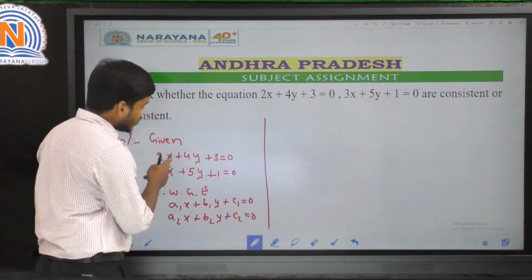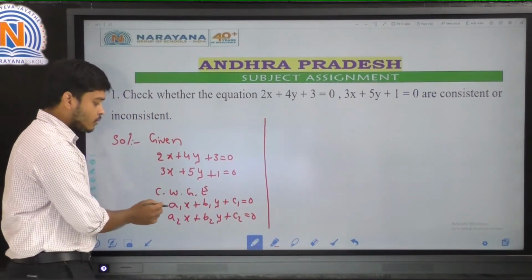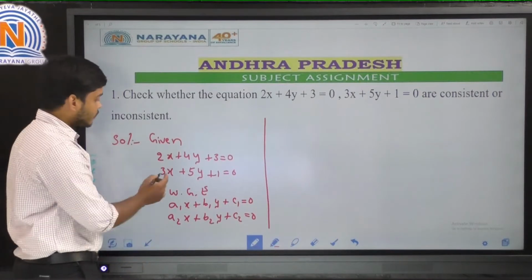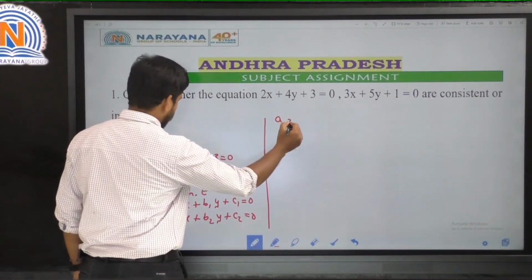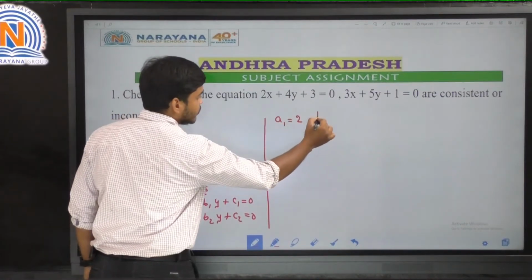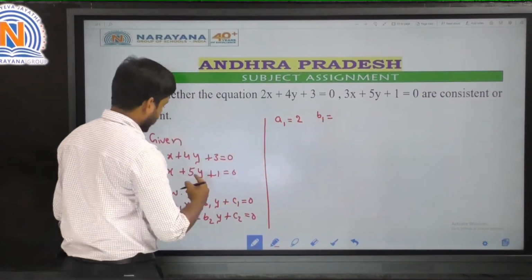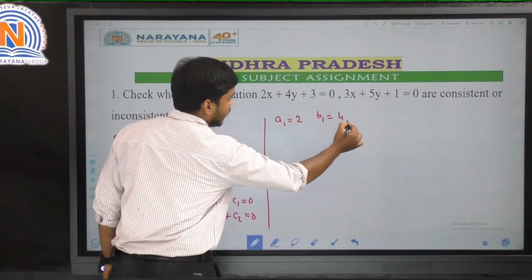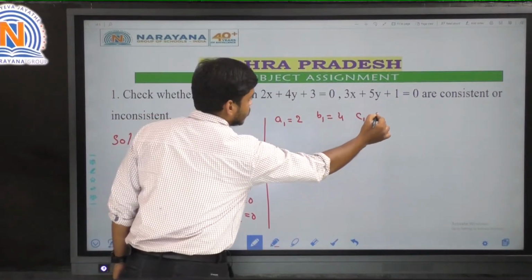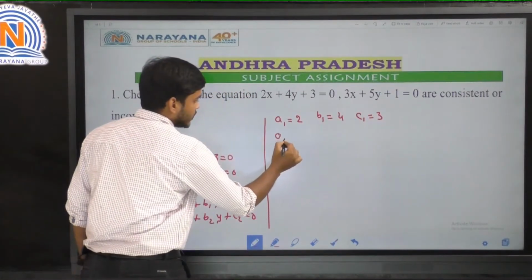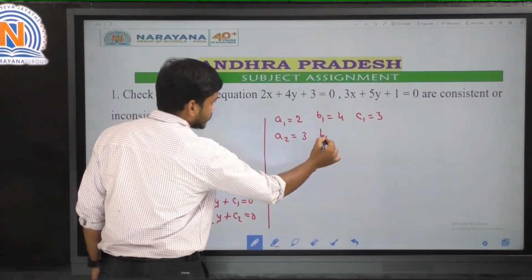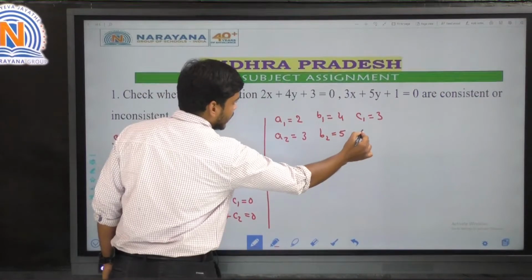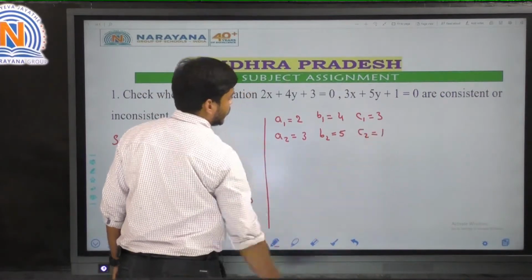See, compare these two equations with these two general equations. Therefore, what are the coefficients? a1 is equal to 2, b1 is equal to 4 and c1 is equal to 3, and a2 is equal to 3 and b2 is equal to 5 and c2 is equal to 1.